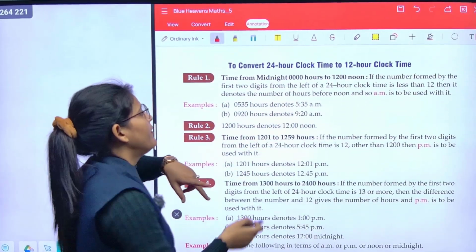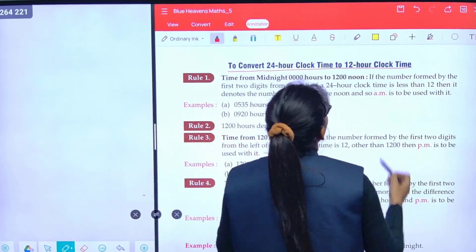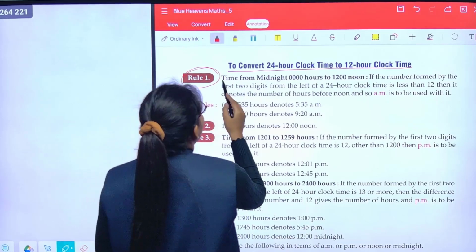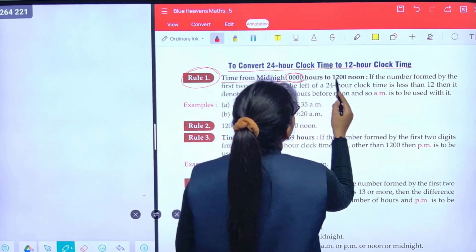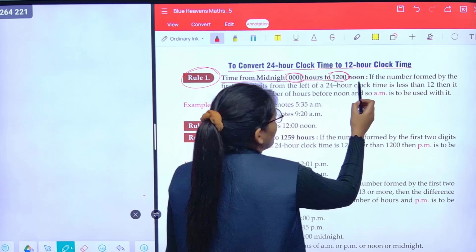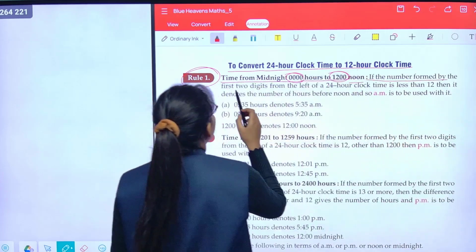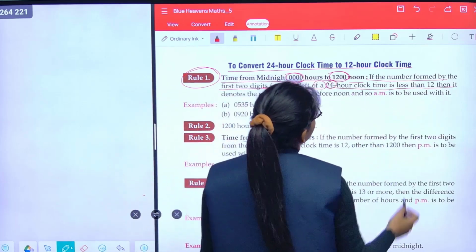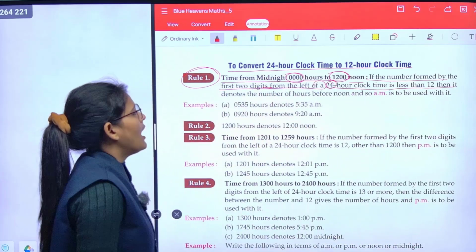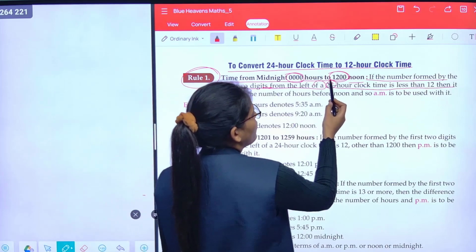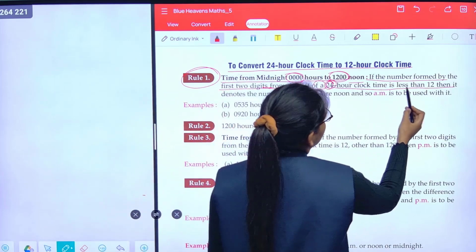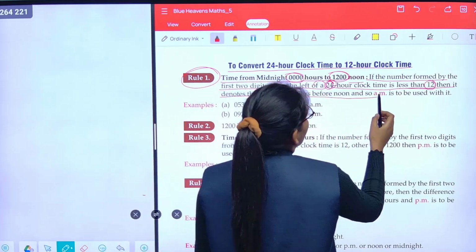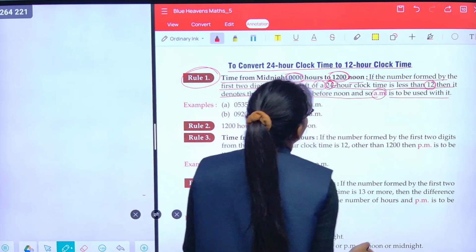To convert 24-hour clock time to 12-hour clock time. Rule number 1: time from midnight, 4 times 0 hours, to 12 noon. If the number formed by the first two digits from the left of a 24-hour clock time is less than 12, then it denotes the number of hours before noon and so am is used with it.